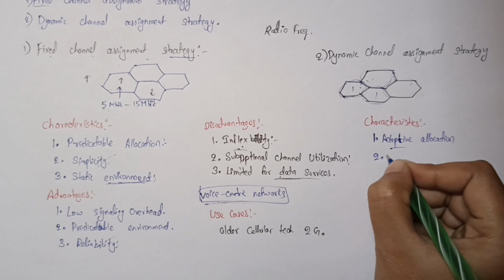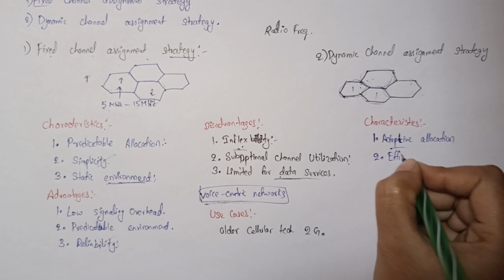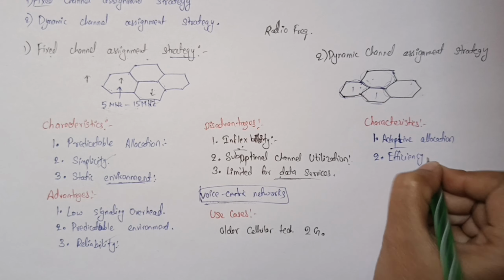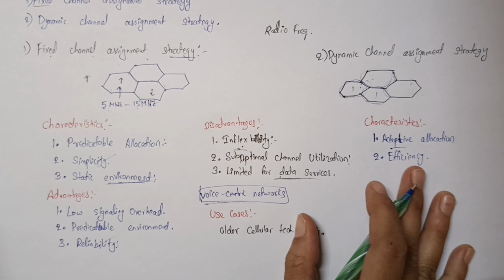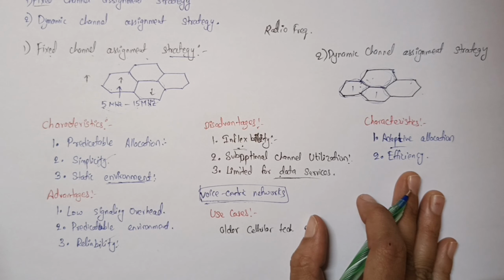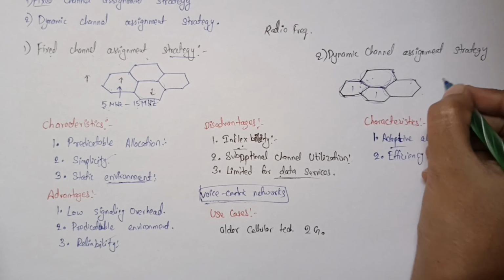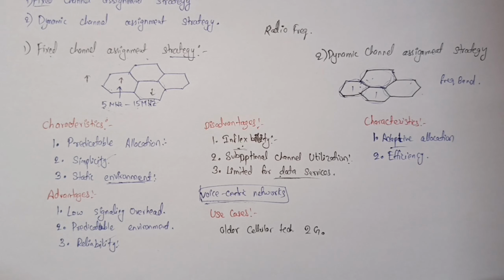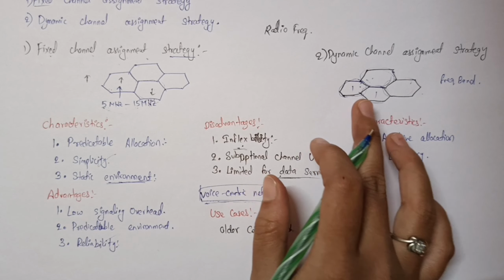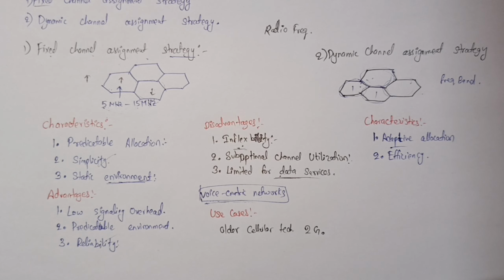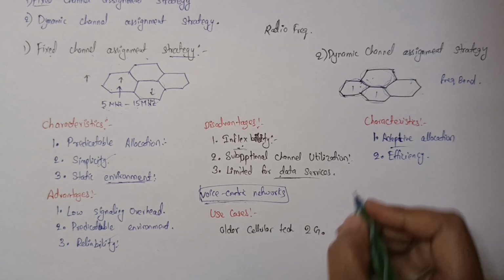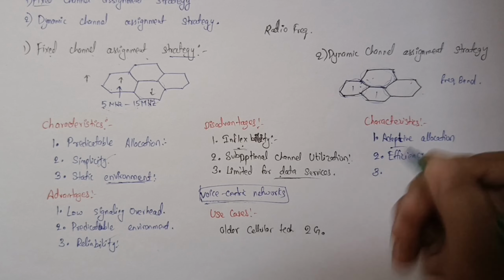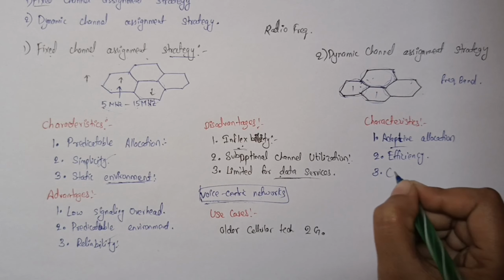Now the next characteristic is efficiency. So this is designed to maximize the efficient utilization of the available frequency band, and it allocates the channel to the cells that require them the most at the given time. Now you understood why it is efficient.